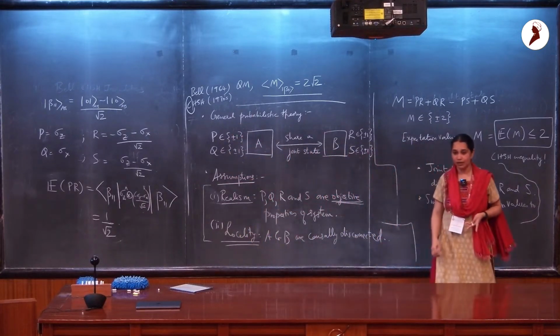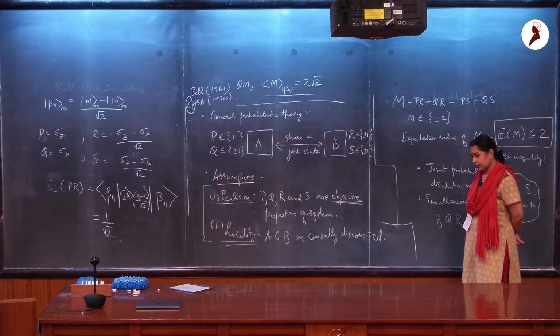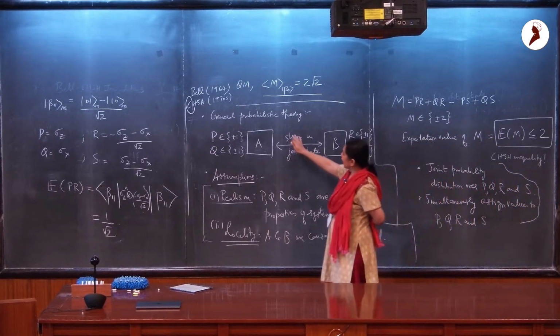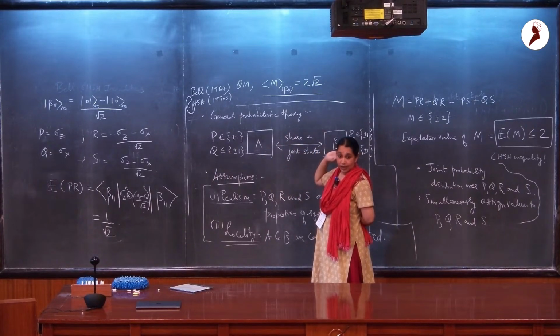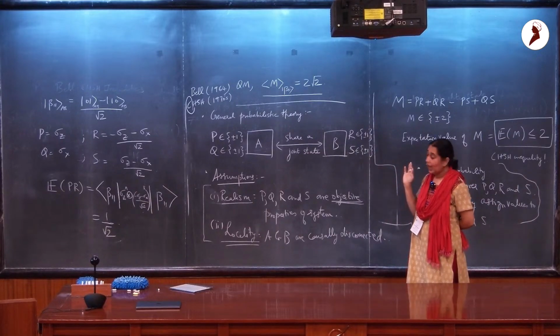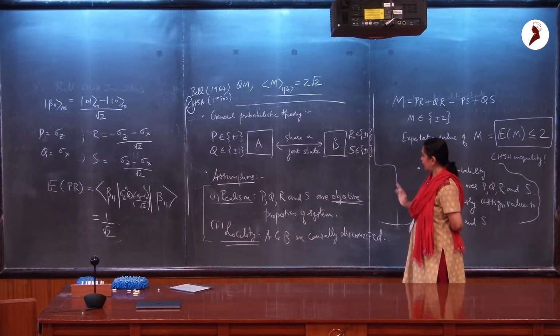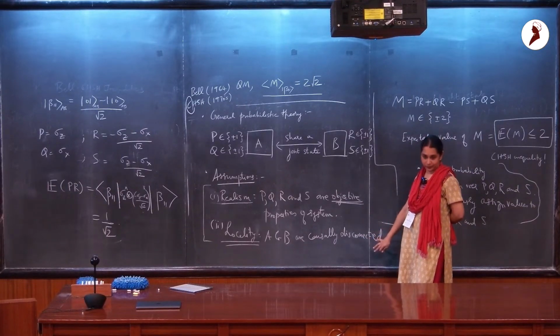Where in the classical scenario can the existence of hidden variables be assumed? I did not say that this is classical theory. I said think of this as a general probabilistic theory, which could potentially have hidden variables. But even those hidden variables have to satisfy these assumptions. That's the crucial thing.